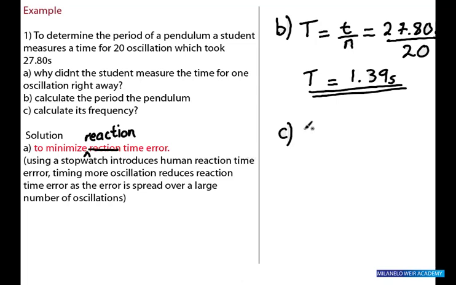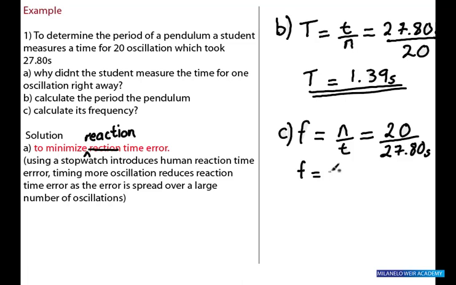So F is equal to N over T, which is 20 divided by 27.80 seconds. So let's punch our calculators and see what we get. 20 divided by 27.80. What we get is 0.72. That is two significant figures.